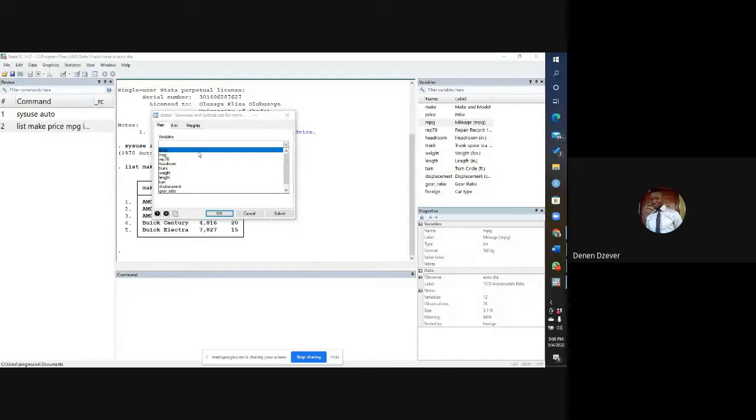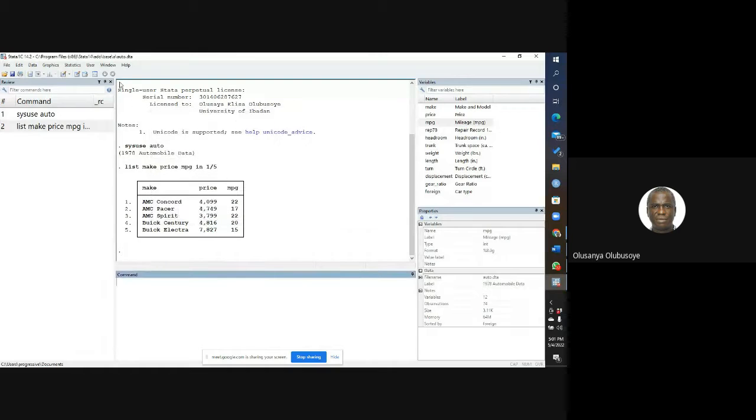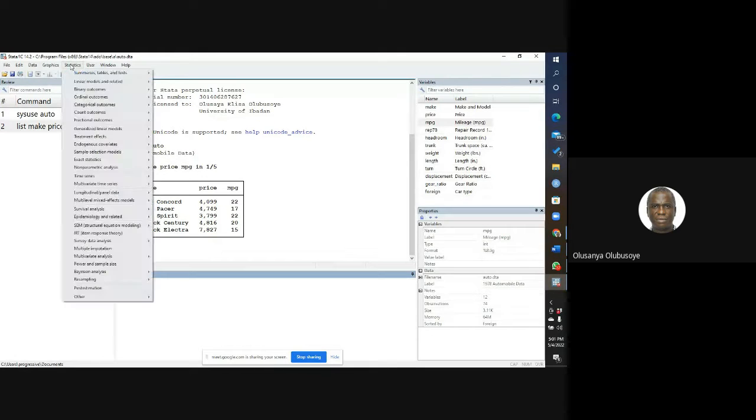Please, Prof, can you kindly repeat that stage? So you mean how I brought this dialog box? Yes. Okay, I'm going to close it now. This is the last time I will do it. Go to statistics, then summary, tables, and tests.